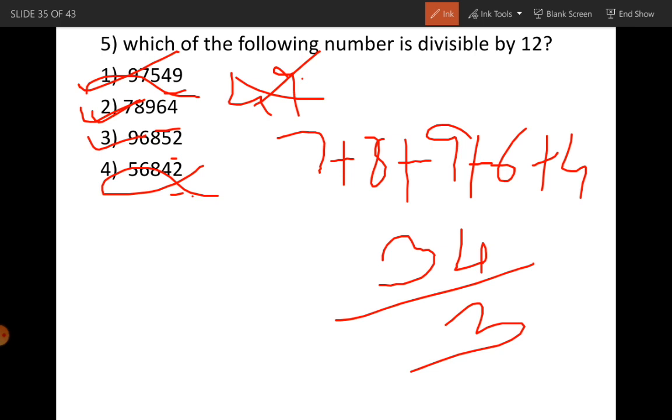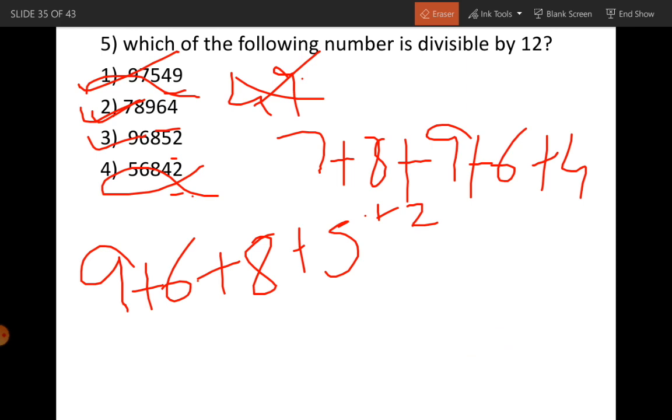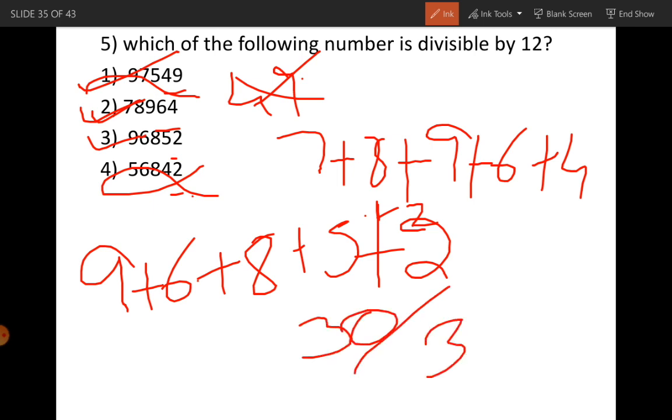If one more option were "none of the above", then we would have to do this test for 3 on the other number too. For now we'll test divisibility by 3 for the next number also. 9 plus 6 plus 8 plus 5 plus 2 plus 2: 9 plus 6 is 15, 15 plus 8 is 23, 23 plus 5 is 28, 28 plus 2 is 30, plus 2 is 32... and this is divisible by 3. So the right answer is the third.